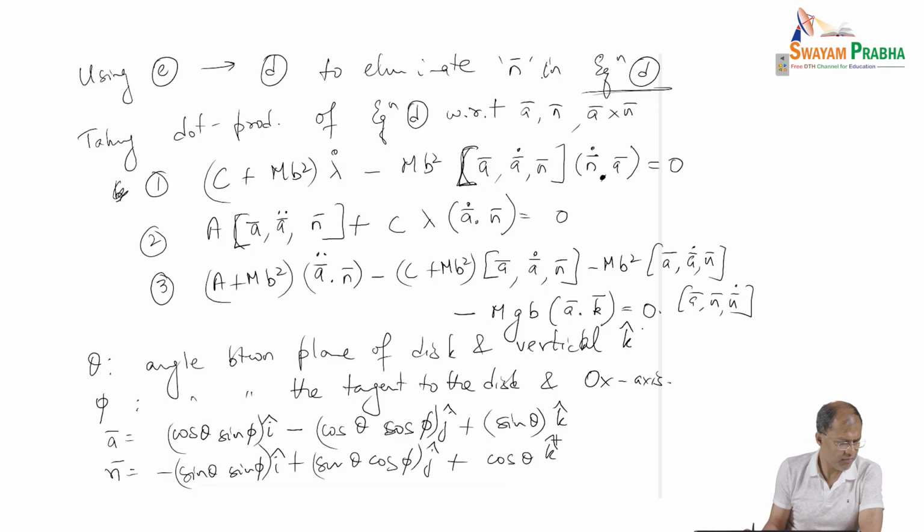This is purely from geometry that we have written these two vectors. So now we call this equation F. Now we have the complete liberty to use this F. The axis A and N are now completely defined in terms of the angles.